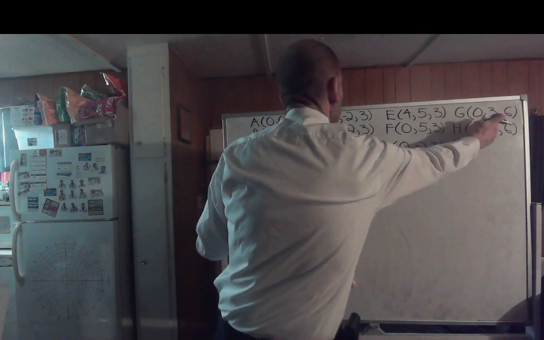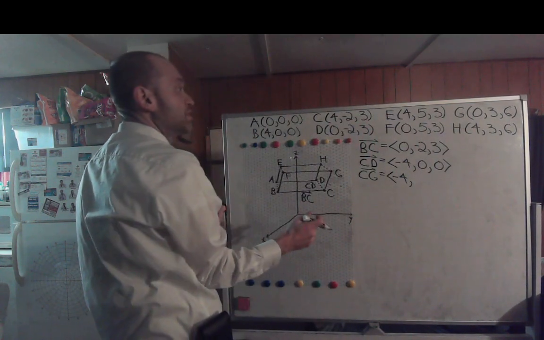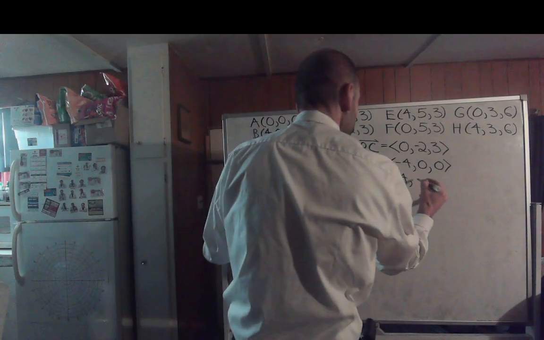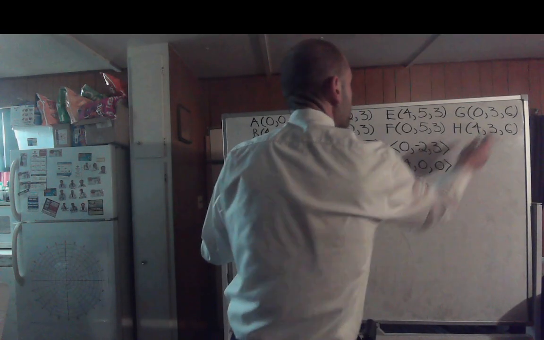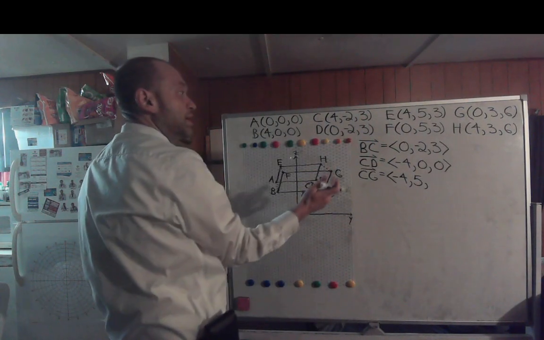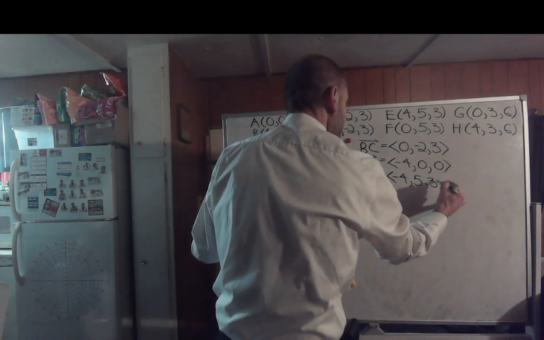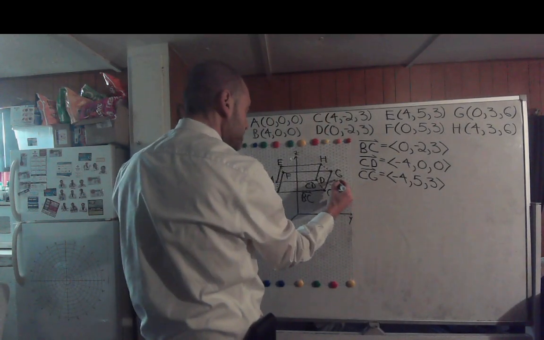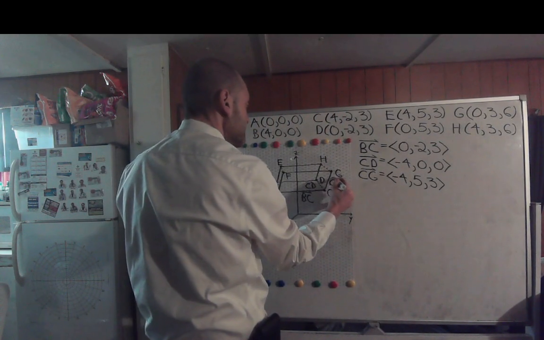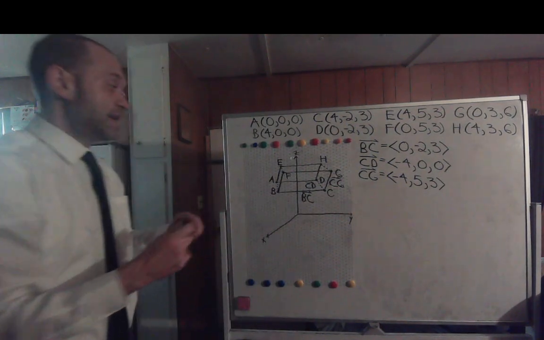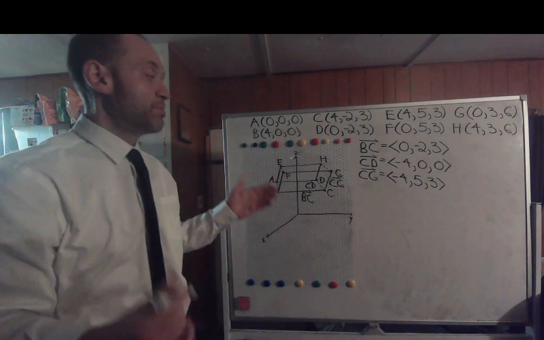And then if I take 3 minus negative 2, that turns into 3 plus 2, which is 5. And then if I take 6 minus 3, that turns into 3. So here's my vector CG, which would represent my height. Now I have a length, width, base, and height.